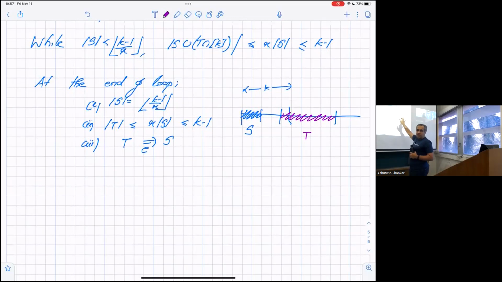So nothing is going to get violated. All I'm going to do is expand, using this argument.